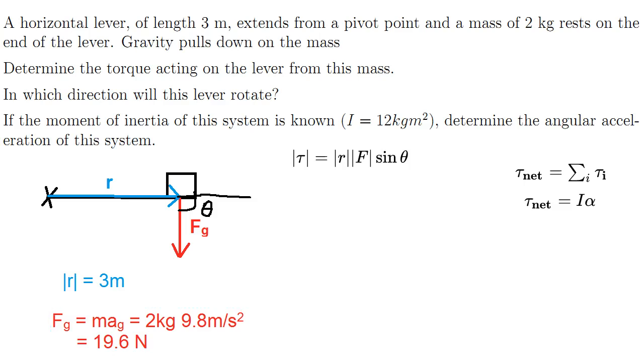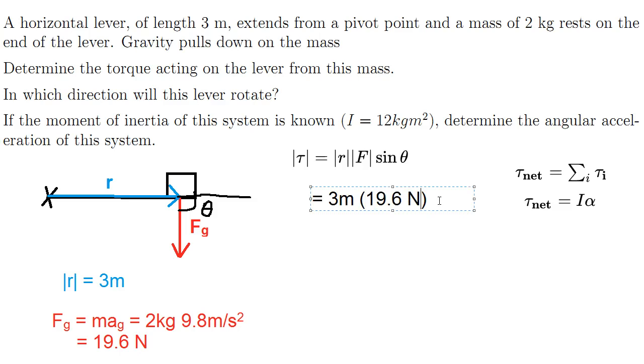And lastly, as mentioned before, my angle here is 90 degrees. So to find the magnitude of my torque, I can do so by simply taking the magnitude of r, which is 3 meters, multiplying it by the magnitude of F, which is 19.6 newtons, and multiplying it by the sine of my angle.